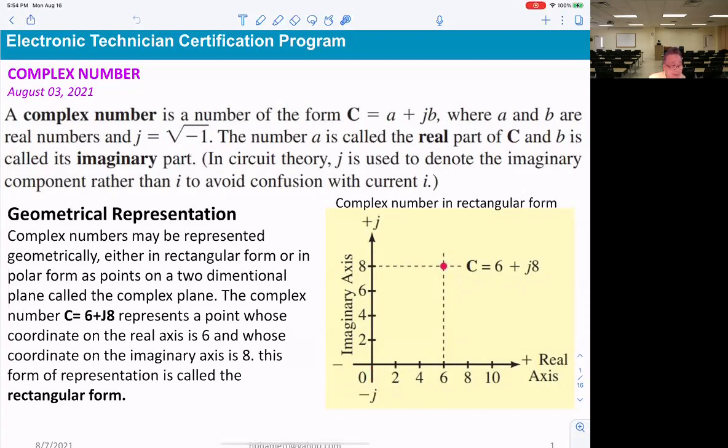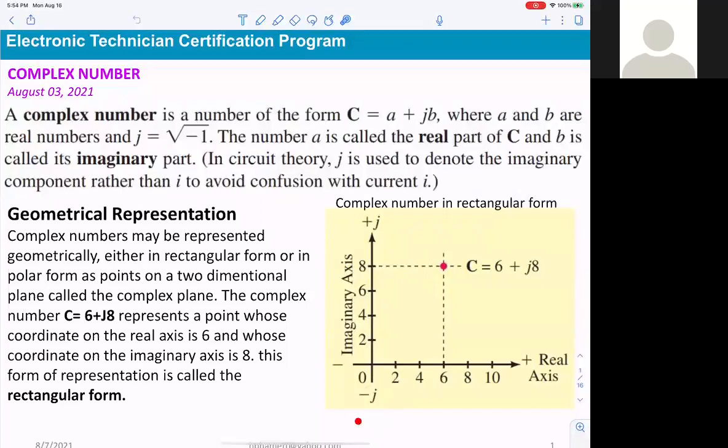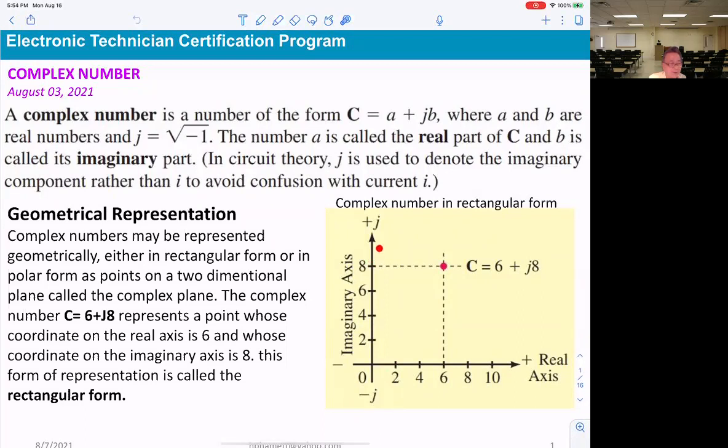J times J times J. J times J, you get minus 1. Times J, you get minus J. So that's why you can see going up, positive J, going down, negative J.